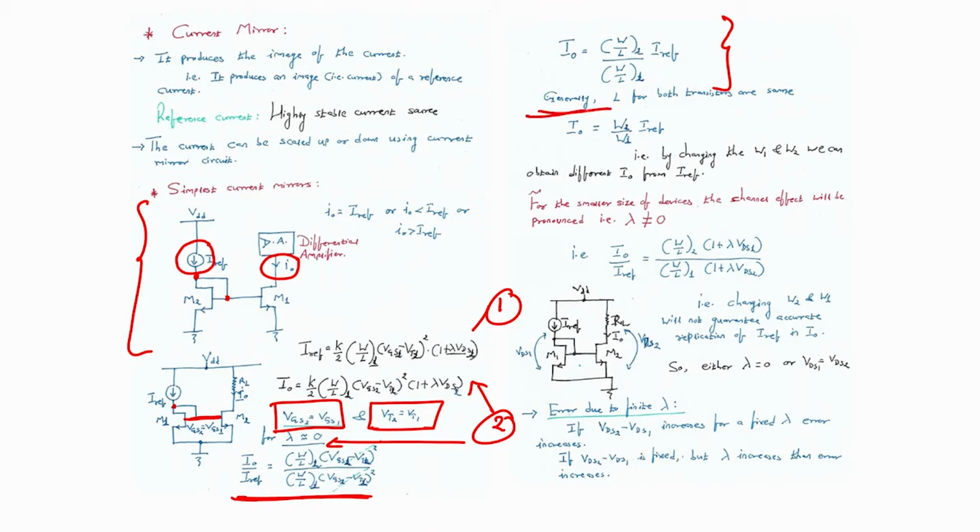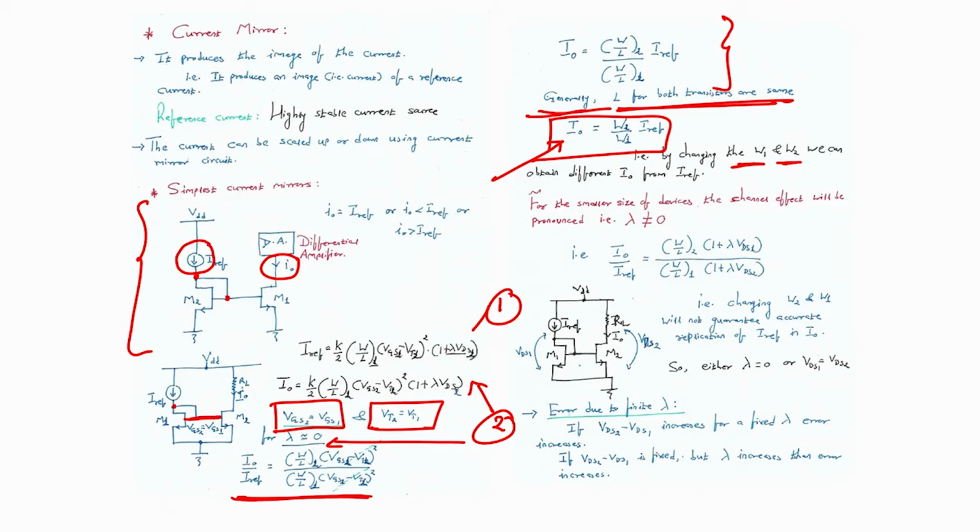Generally we will find that the length for both transistors is the same, and that is why we can write IO equals W2 by W1 into I reference. If I change W1 or W2, then I can see a change in the mirror current. If I keep W1 equal to W2, I will have the same current. If I have W1 greater than W2, I will have higher current.